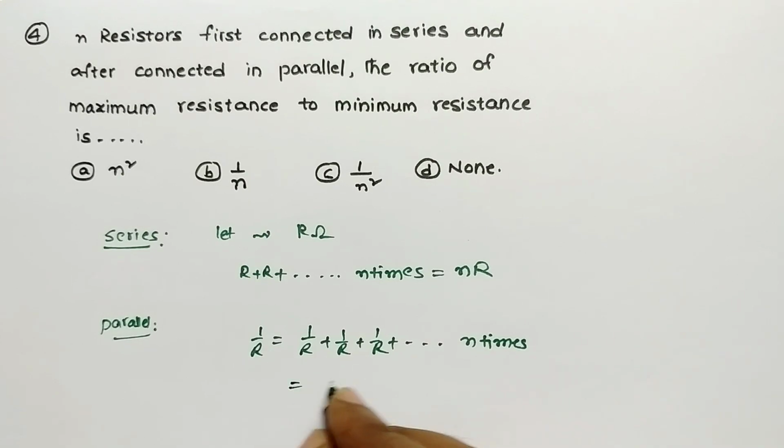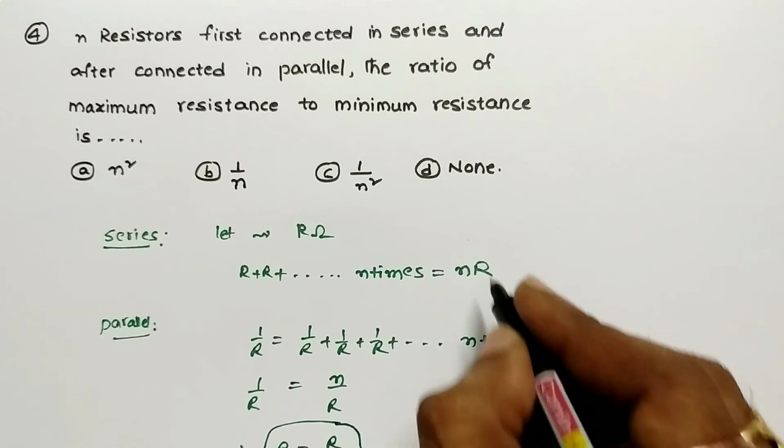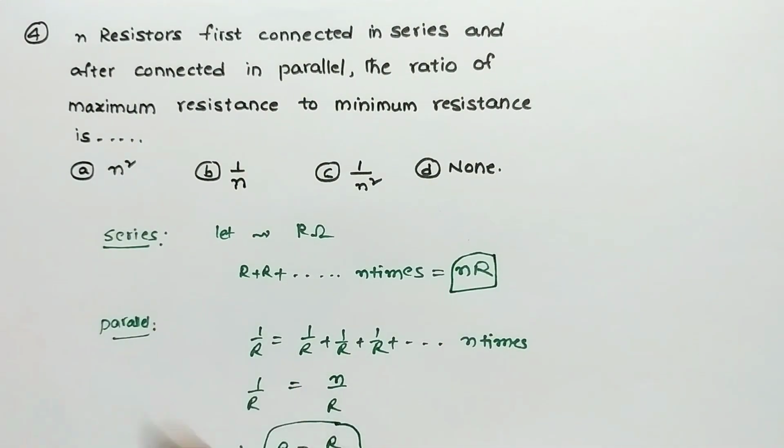It becomes N by R. So 1 by R effective is equal to N by R, which implies effective resistance R is equal to R by N. This is the effective resistance in parallel connection. This is the effective resistance in series connection.